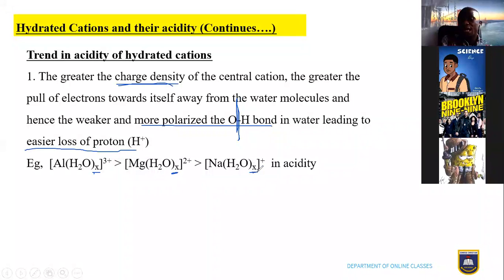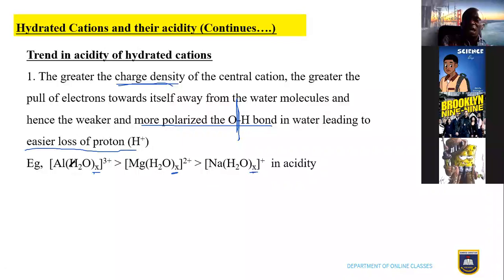If they are the same, then the charge density of the central cation is what determines the strength of the acid.